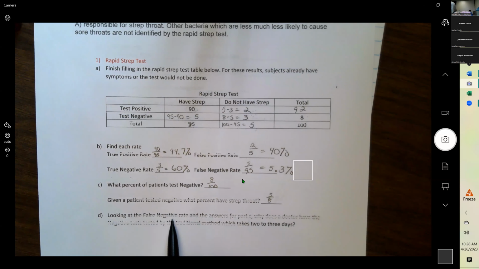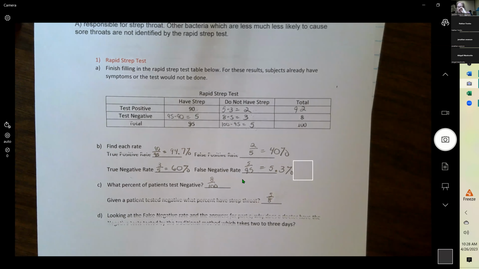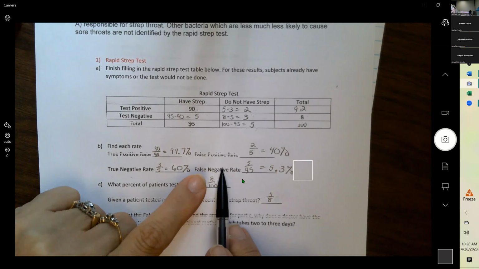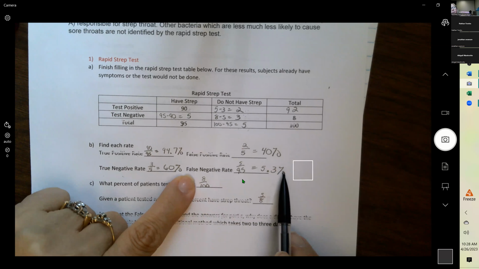Looking at the false negative rate and the answers from part C, why does the doctor have negative tests tested by the traditional method, which takes 2 to 3 days? False negative, right here. That means you have strep, but it was negative. That's 5.3%.